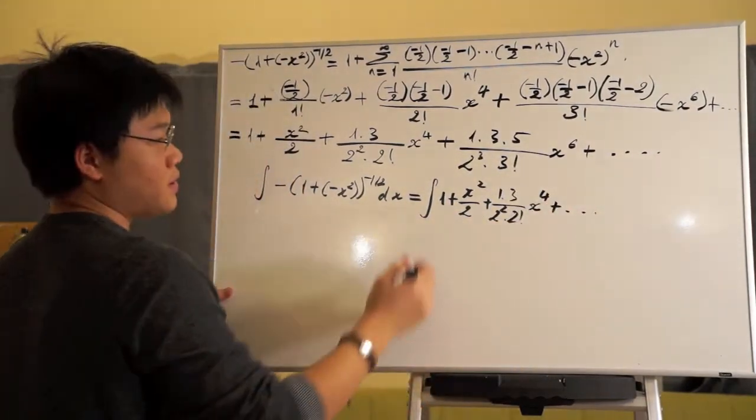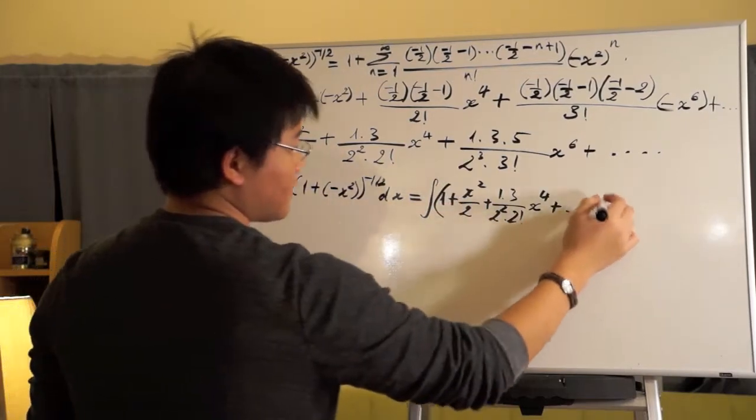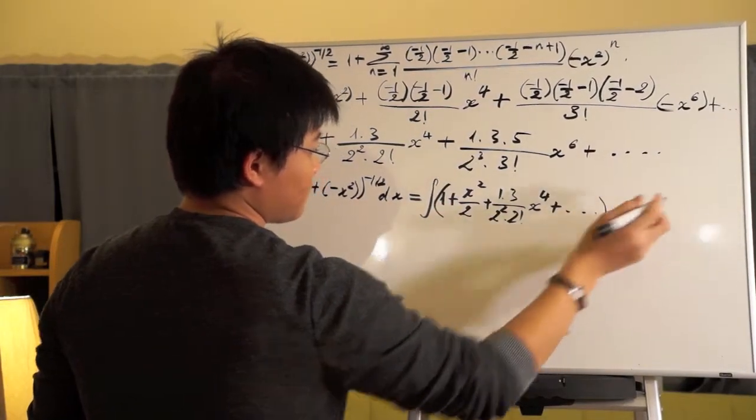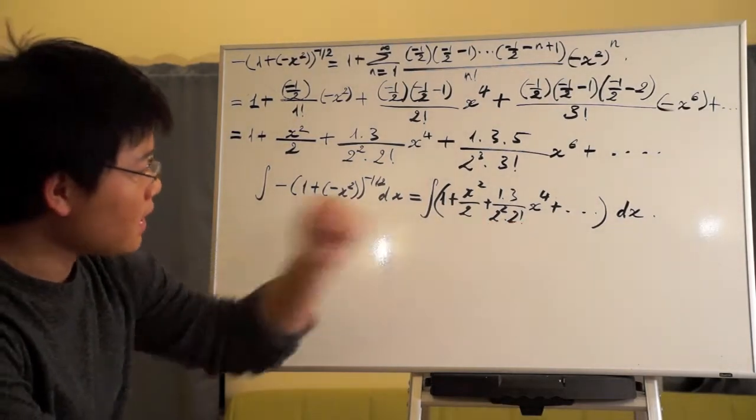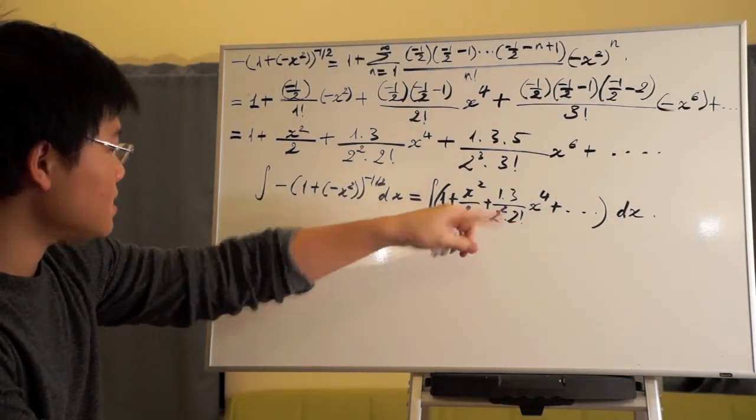We can write out as many terms as we want, together with dx, right? Okay. All right, so you can write something like that and then apply antiderivative for that.